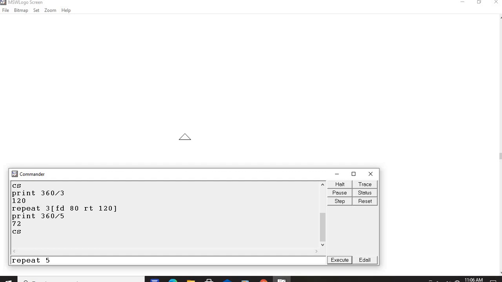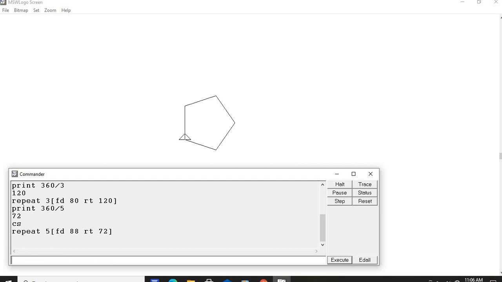A pentagon has 5 sides, opening bracket. Then I am saying FD, suppose size is 88, RT 72. Why 72? Because 360 divided by 5 is giving me 72. Closing bracket and enter. You see there are 5 sides. Okay, so this was the pentagon.